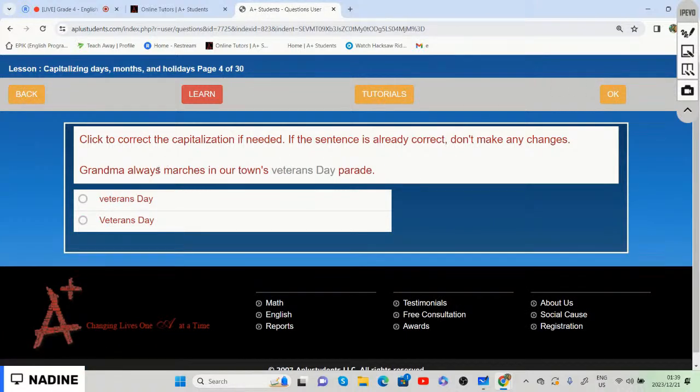And then, grandma always marches in our town's Veterans Day parade. So Veterans Day, is it the first option where it is lowercase for Veterans, or do we capitalize Veterans Day?